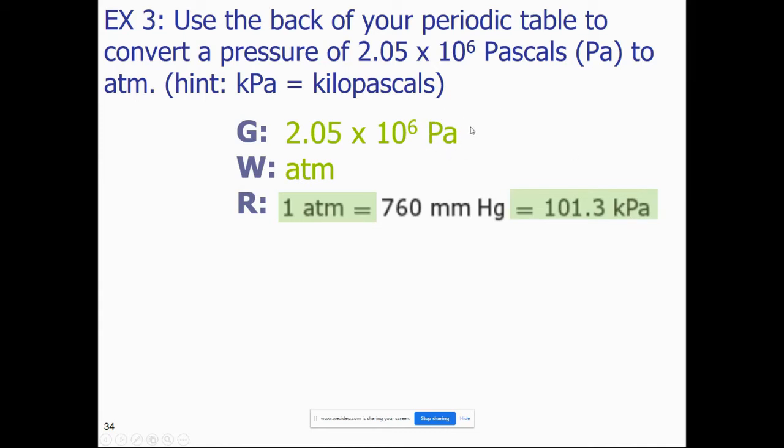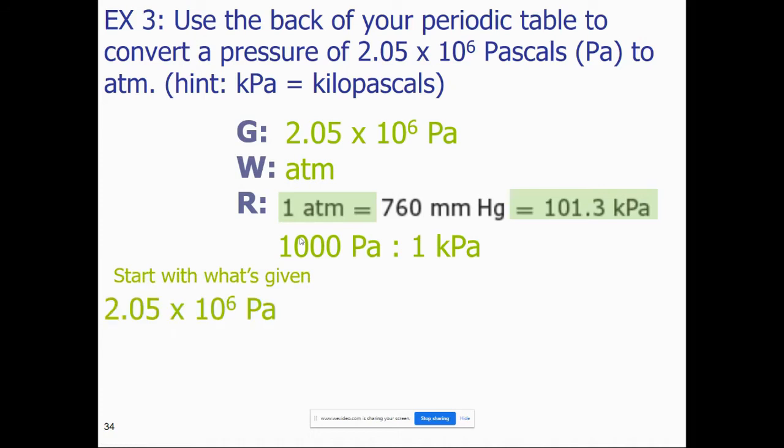We have pascals. But that's all right. We can go from pascals to kilopascals because we know what the metric prefixes mean. We know that 1,000 pascals is equal to 1 kilopascal, because kilo means 1,000. So if you replace this prefix with its meaning, you get 1 kilopascal is equal to 1,000 pascals.